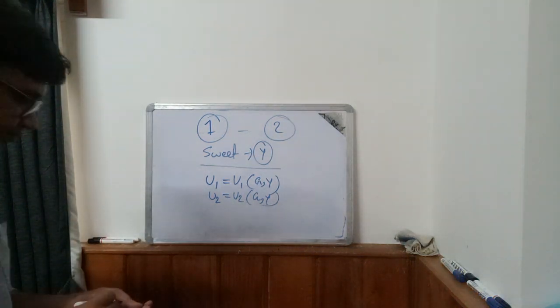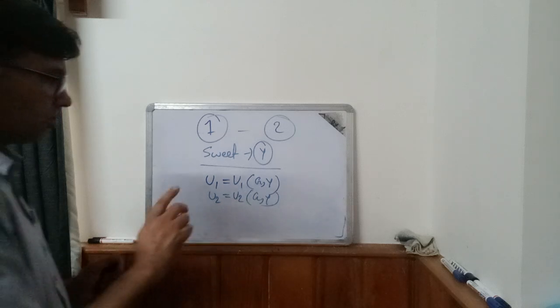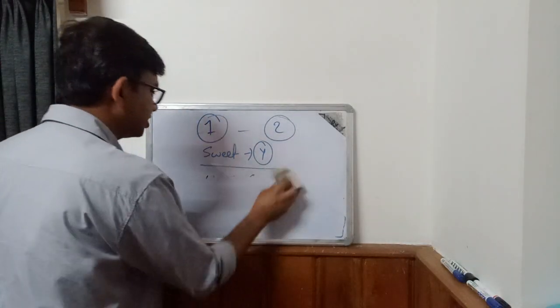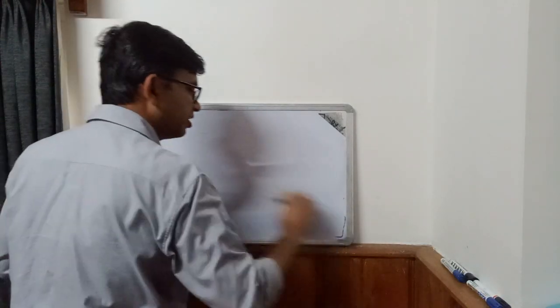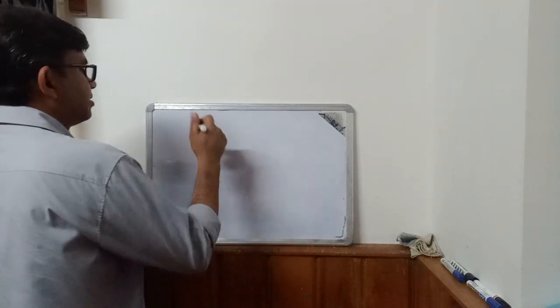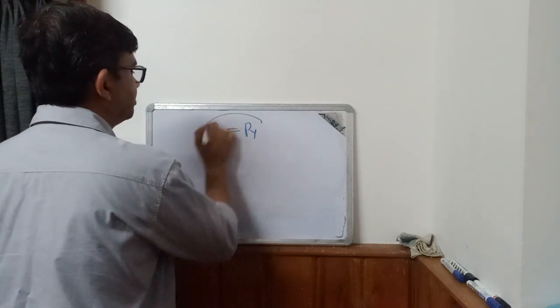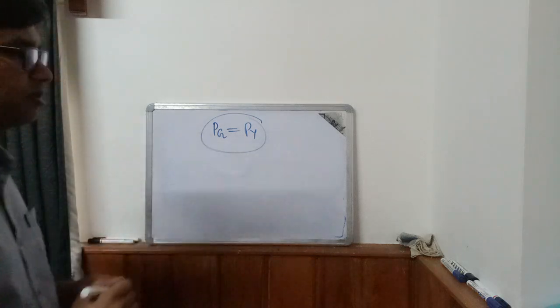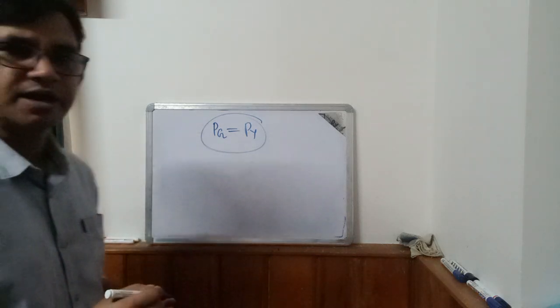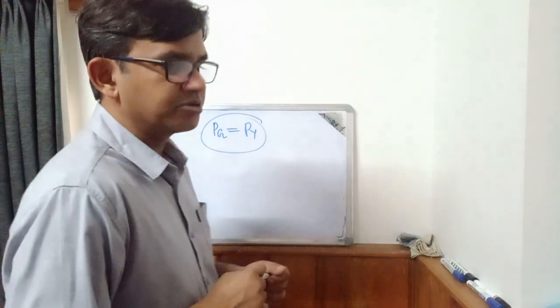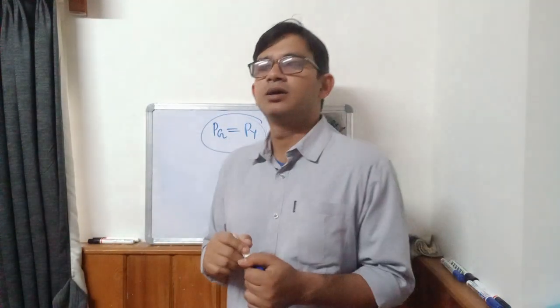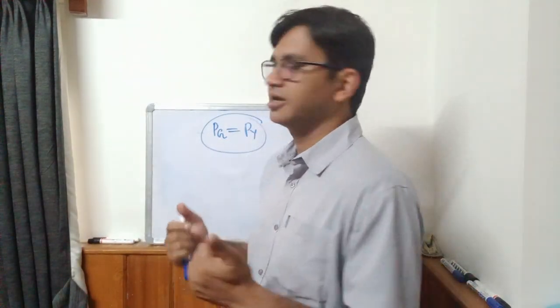Now for the sake of simplicity, I'll take PG equals PY. So the per unit price of firework and the per unit price of sweet are equal.